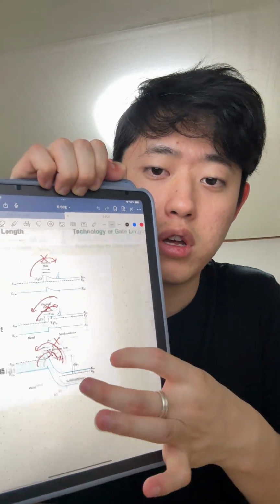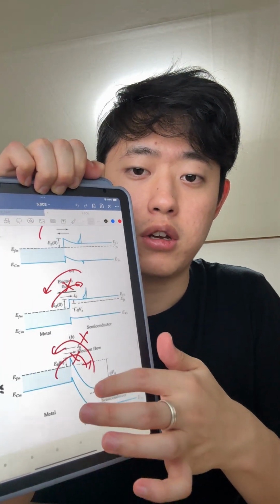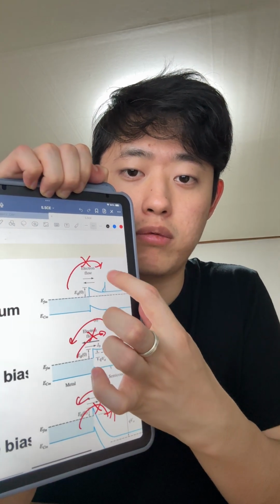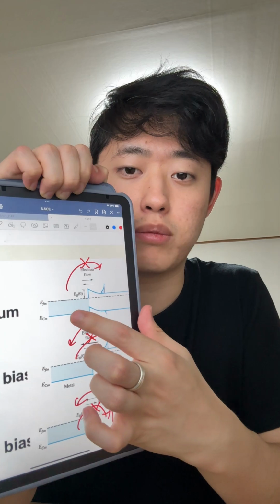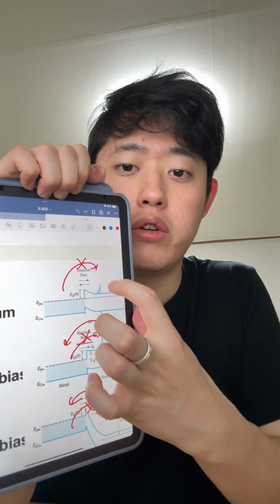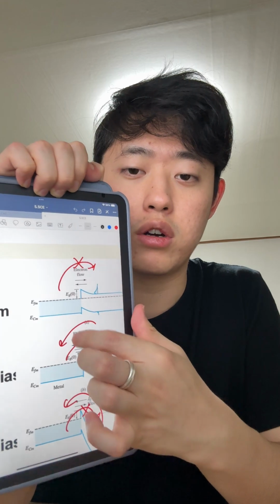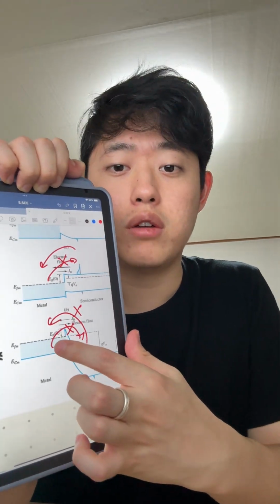This is not easy. So this is the Schottky barrier. At equilibrium, it can go here. This is the metal and semiconductor, so it can go down, but not go here.